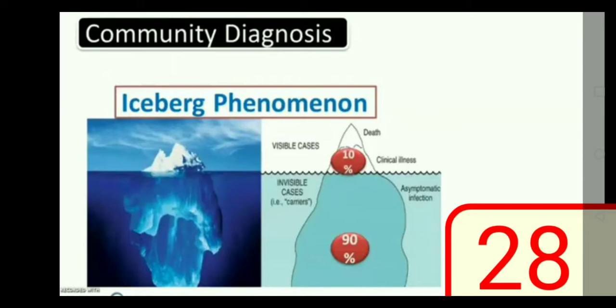So it indicates the invisible cases. 90% of the cases are invisible, and only 10% are visible. Those 10% exhibit the clinical features and traits. The 90% invisible cases are asymptomatic, that is, they won't be showing any clinical features or signs and symptoms. So that is the iceberg phenomenon.